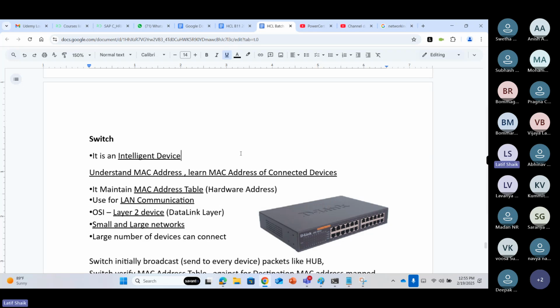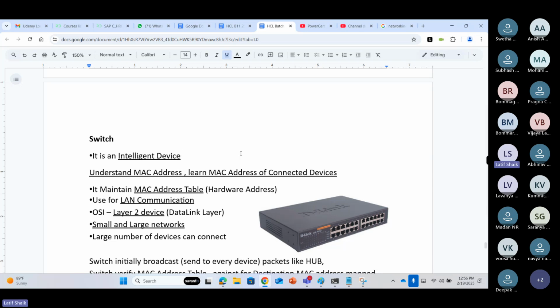So the switch can understand MAC addresses. It learns the MAC addresses of connected devices from incoming packets only, and it maintains the MAC address table.